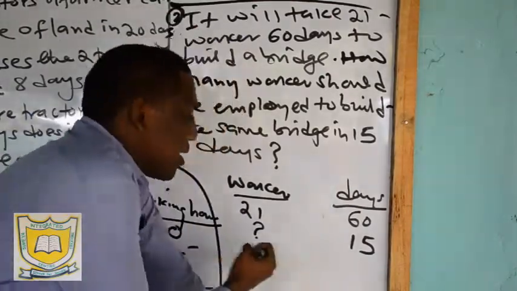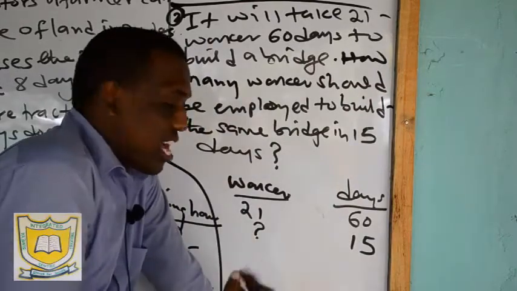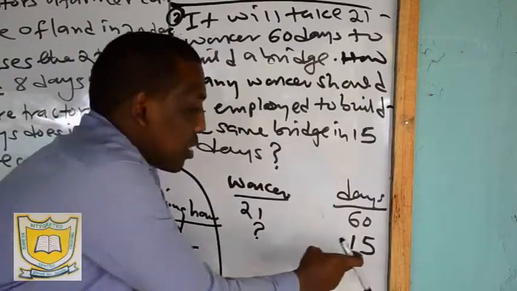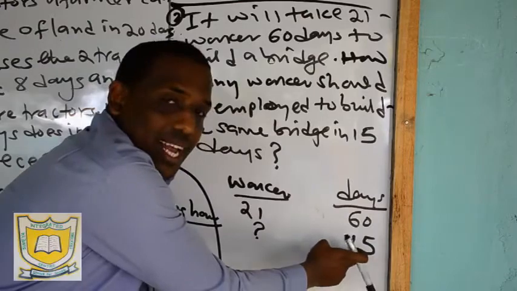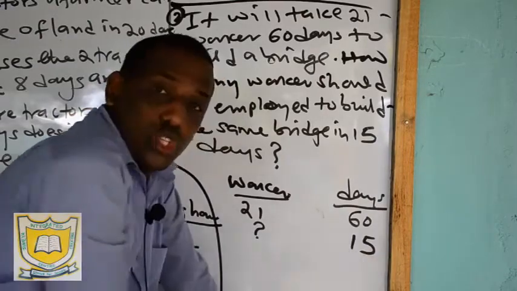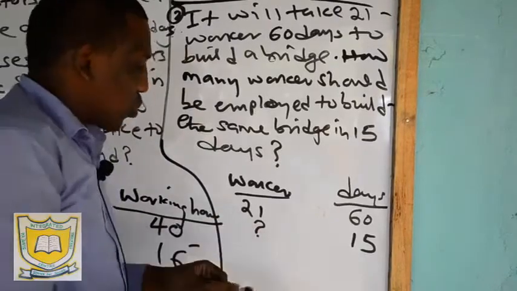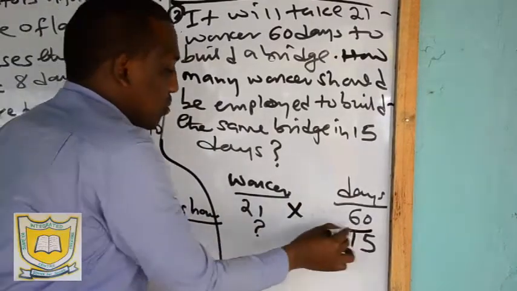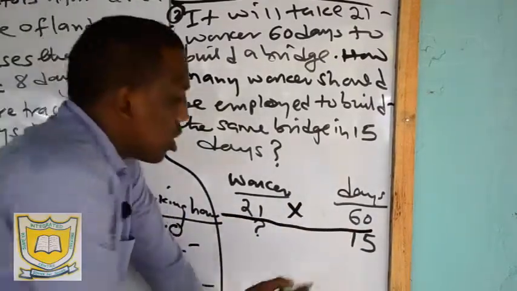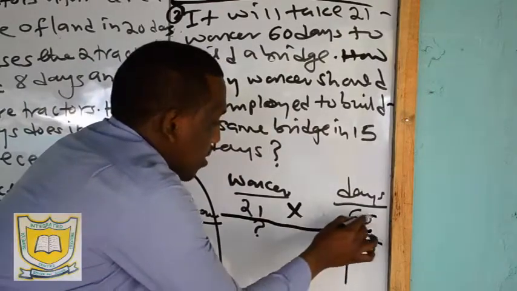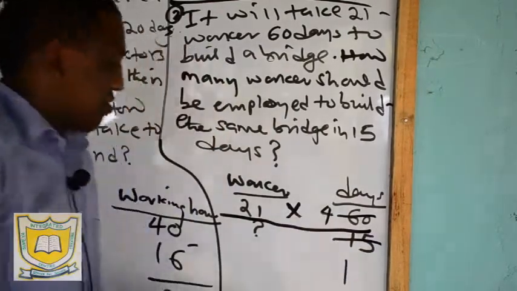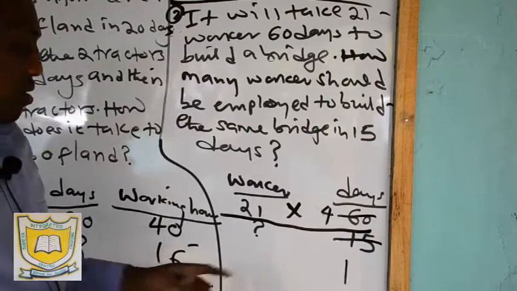Are those men many, or are they few? They are many, because the work finished fast, within 2 weeks. So we must get more workers than this one. So it is indirect proportion. By 15, 1, by 15, 4.